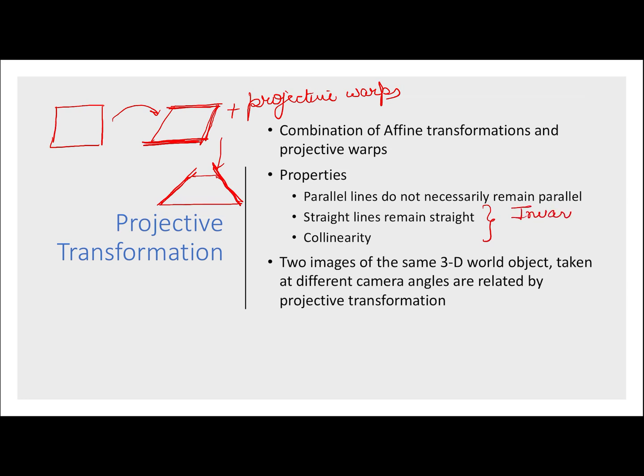Invariant properties are that straight lines remain straight, that is, collinearity is preserved. Another important property of projective transformation is that two images of the same 3D world point taken at different camera angles are related by projective transformation.